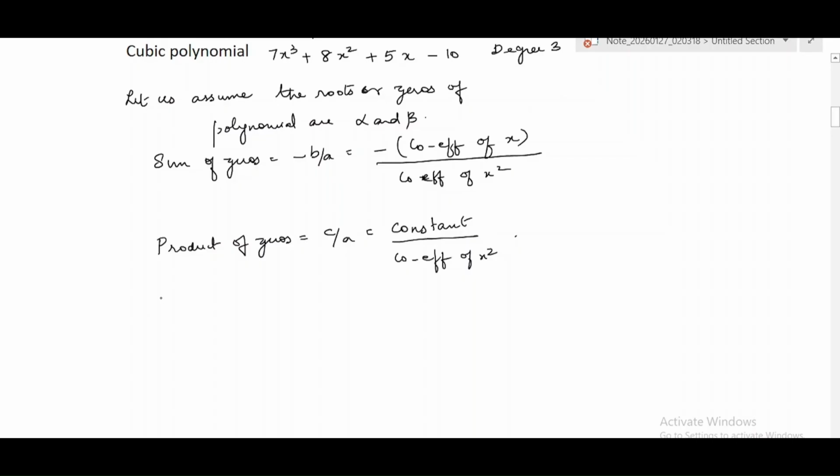Now let us form the quadratic equation using the sum and product of zeros.